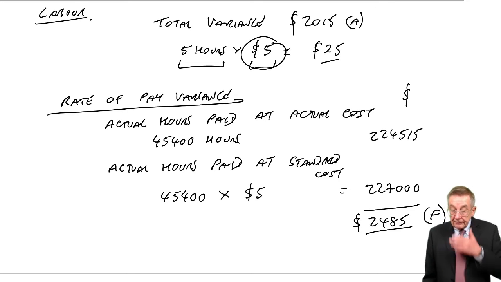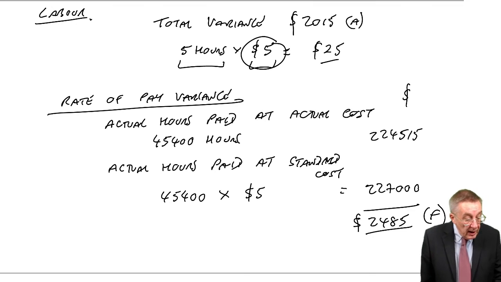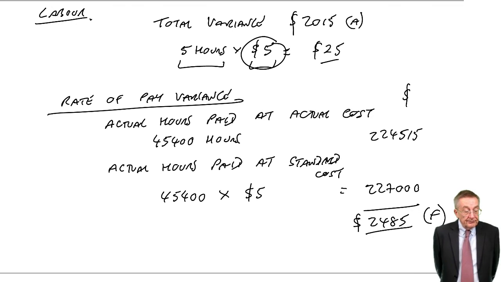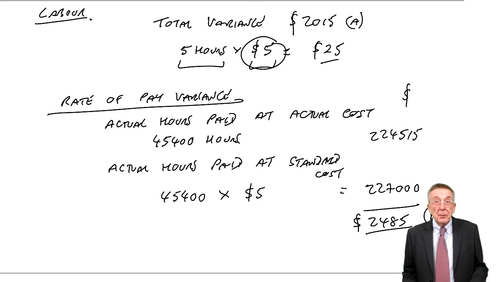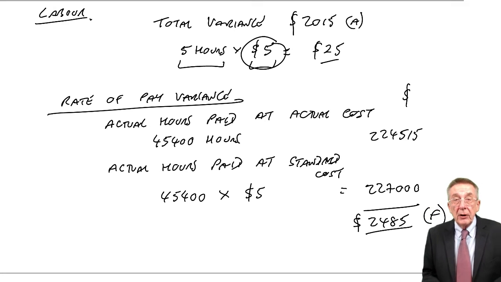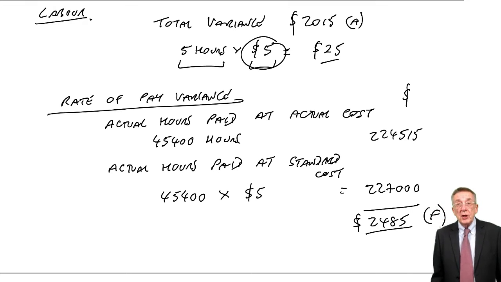Let's carry on though. I'm no longer worried about cost, we've dealt with that. But now let's look at the fact that although we paid them for 45,400 hours, they only worked 44,100. Why are we paying them for hours when they weren't actually working? Well, maybe, just for example, the machines broke down for a while, and so while they were being repaired, the workers couldn't work.